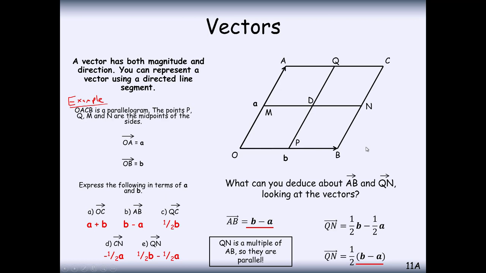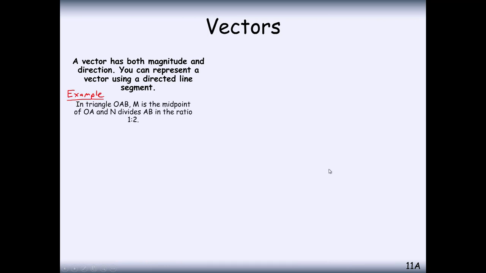Let's have a look at another example. Triangle OAB. M is the midpoint of OA, so it's halfway between those, and N divides AB in the ratio of 1 to 2. So that's your M, that's your N. So that's 1, and that's 2 parts there.